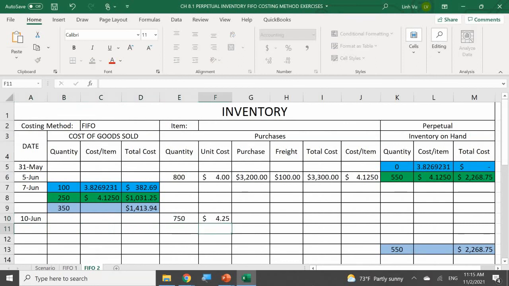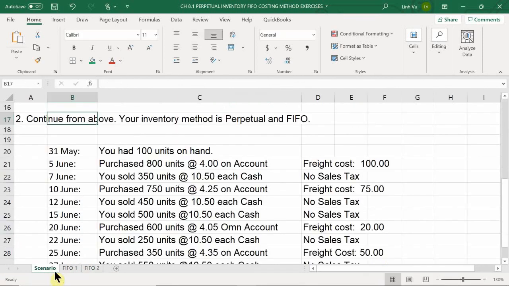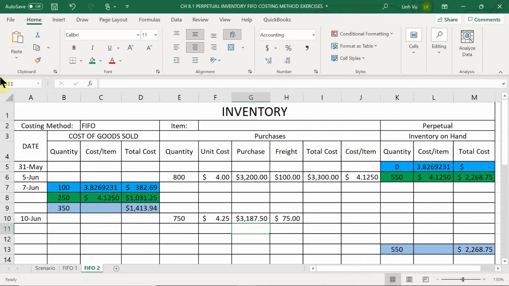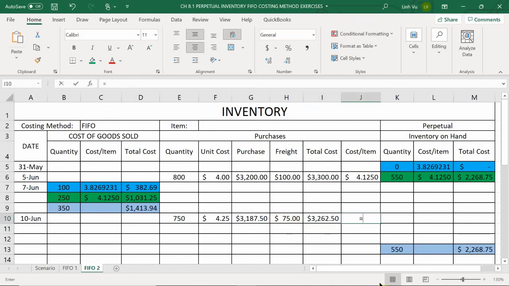So what's my purchase price here? $3,187.50. Good. Plus $75 worth of freight gives me a total cost of 3,262.50. Good.